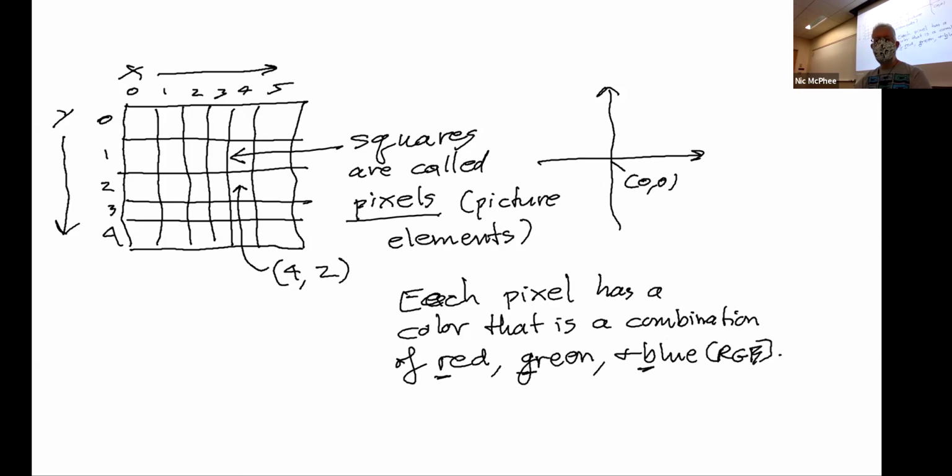If you ever did painting as a kid, or if you do painting now, in paint land there are primary colors, and you can mix paints and make all the different colors. We're combining light, not paint. And in light land, the three primary colors are red, green, and blue, which is different than the primary colors in paint land.